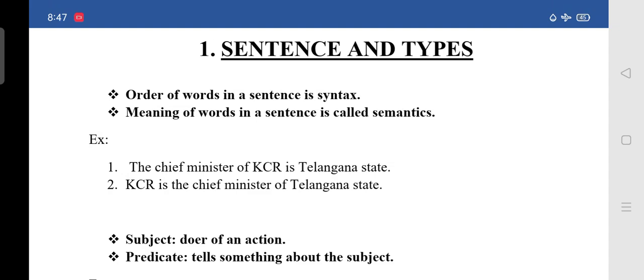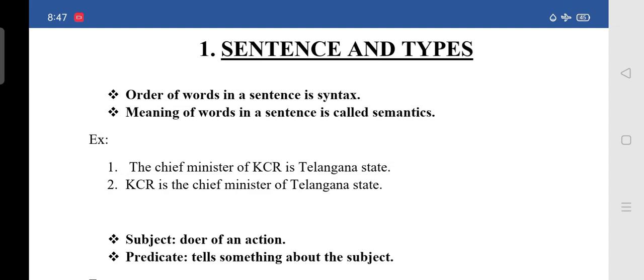See the first example: The chief minister of KCR is Telangana state. Does it give any meaning? No, it is not in an order. We don't have any state named KCR, isn't it? And we don't have any chief minister named Telangana state, isn't it?